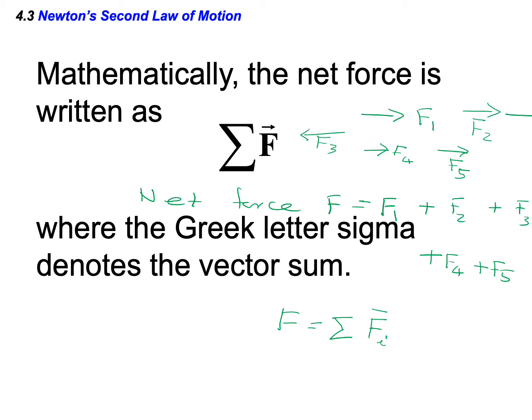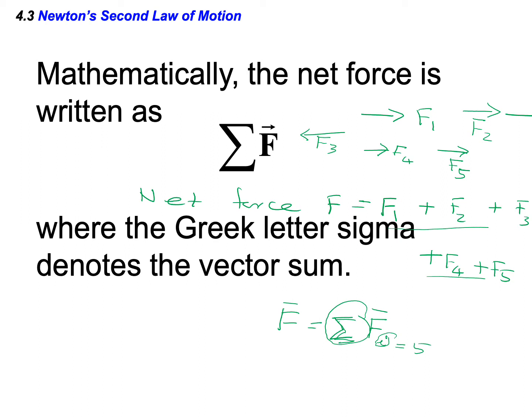All these are vectors, so i means 1, 2, 3, 4. Sigma means addition of forces. So rather than write down F1 plus F2 plus F3, summation means sigma, F means force, and i means how many forces. Here i equals 5.